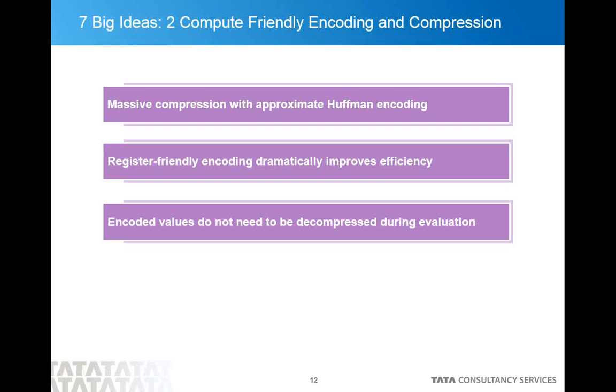Now another algorithm that is used in BLU acceleration is offset coding. Offset coding is very useful with numeric data, or the kind of data that we use in financial applications. Let's take an example. Let's say we have an employee table where we store the bonus given to each and every employee.